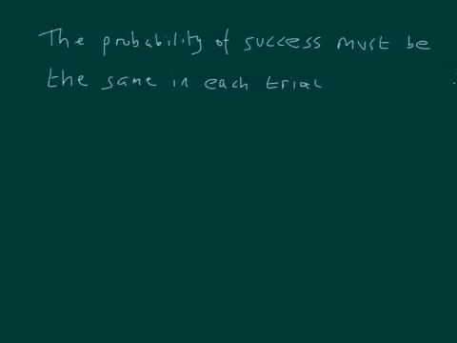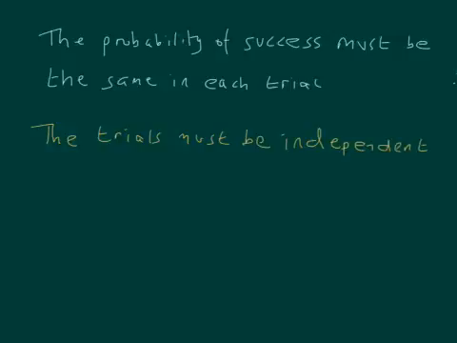So every time I play the game, the probability of winning is a third, or whatever it is. And the second condition is that the trials must be independent. So winning one game doesn't make me more likely to win the next game. So the probability is the same in each trial, and the probability of success in one trial doesn't affect the probability in the next trial.